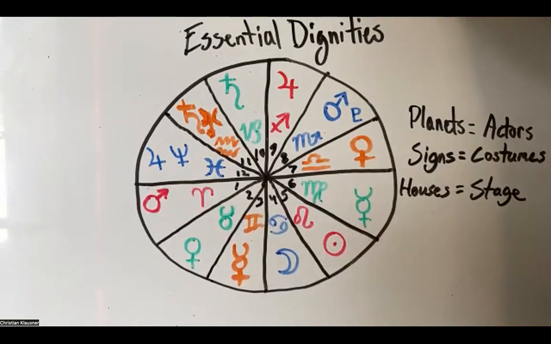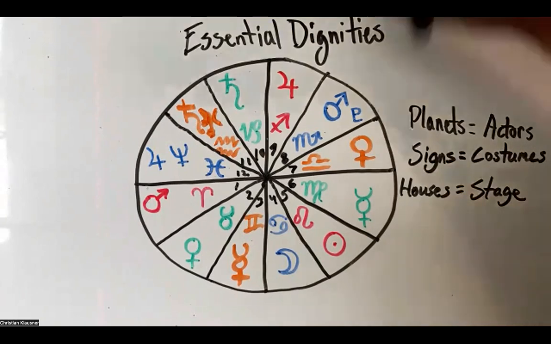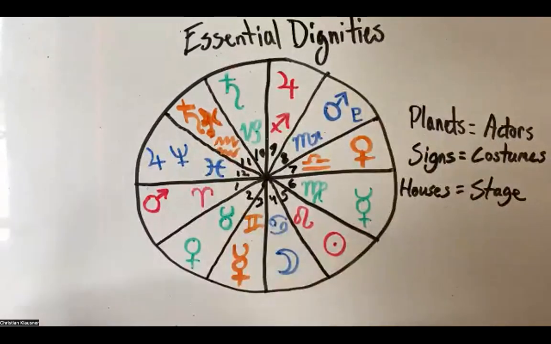Now, I want you to understand something extra here, and that is the exaltations, because this brings in an extra layer. The sun not only rules over a sign, but it also finds its exaltation in another sign.